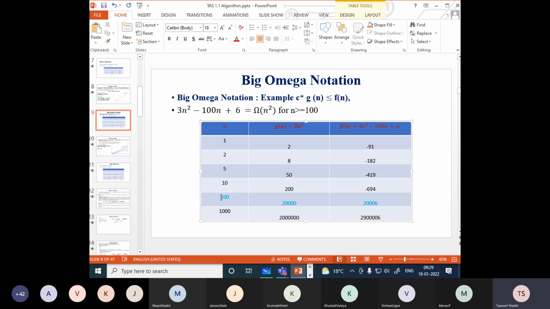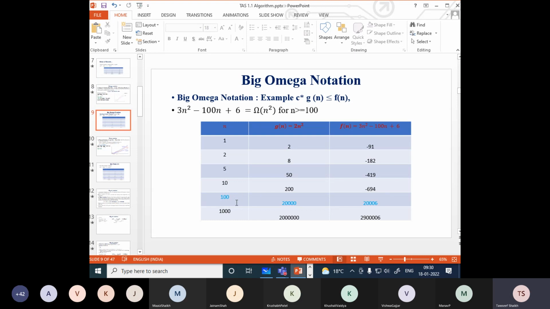We will move again to 100. When we put 100, it becomes 100 into 100 multiplied by 2, which is this much. And when we put n is equal to 100 in f of n, it becomes 20006. So is the condition satisfied here? c into g of n is less than or equal to f of n, yes.